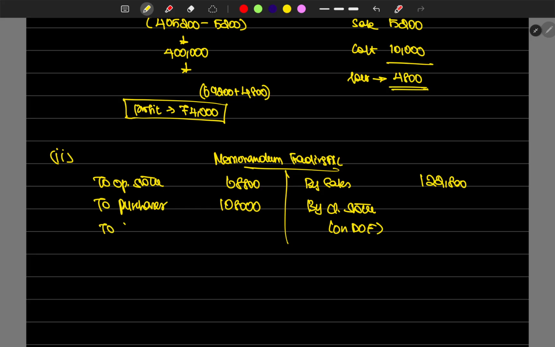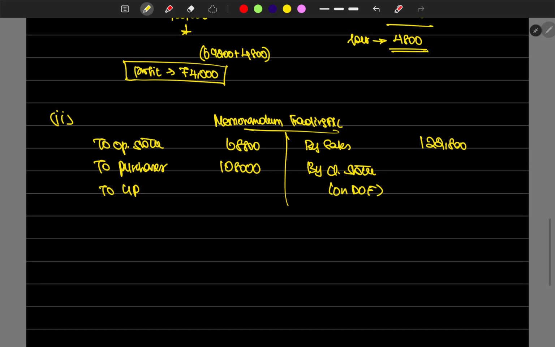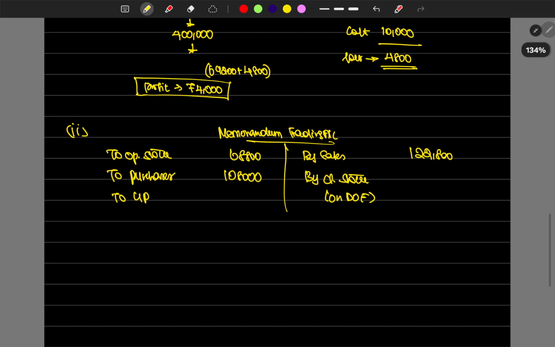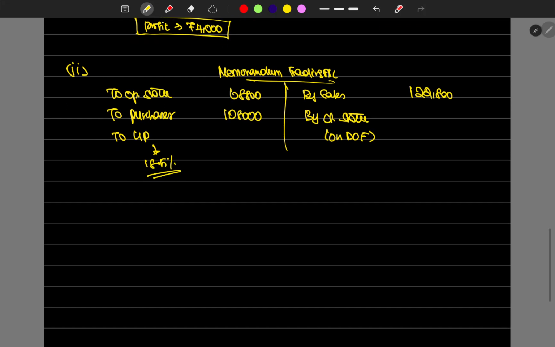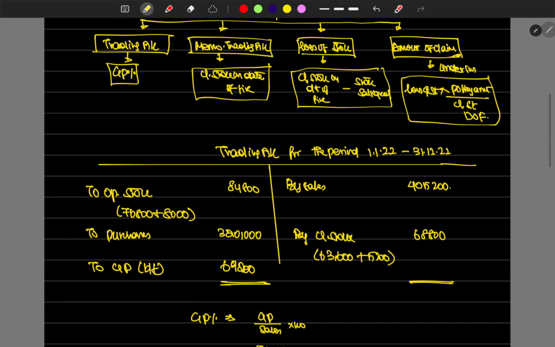Okay, to gross profit. We don't know both the values, but here we have the GP percentage, right? 18.5 percentage. So with that we are going to proceed that sales during the period is 1,22,800, as same as the previous year.